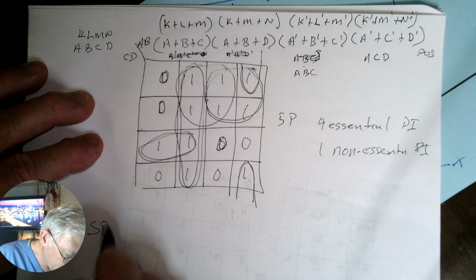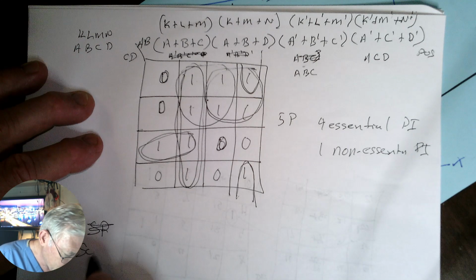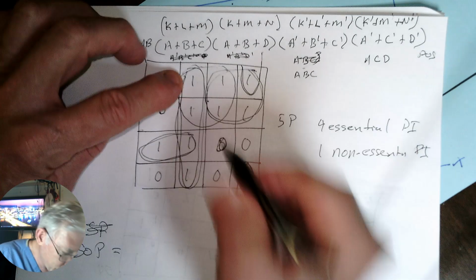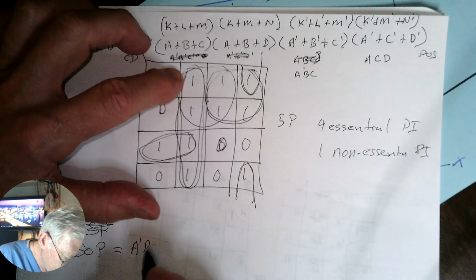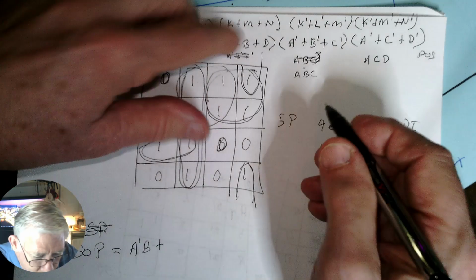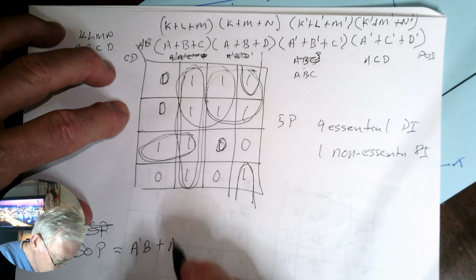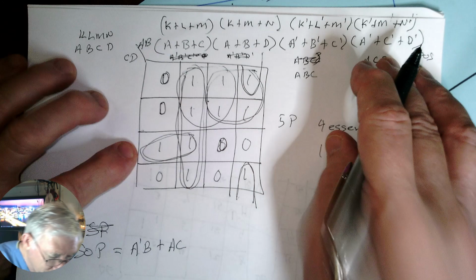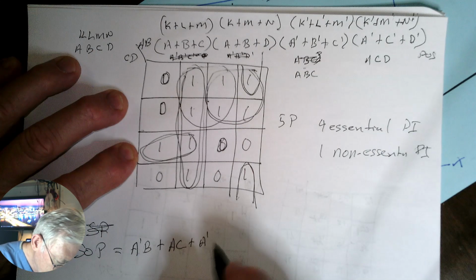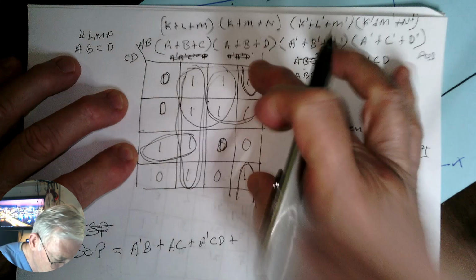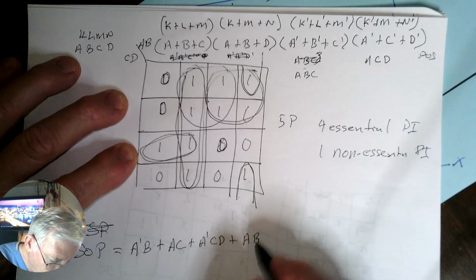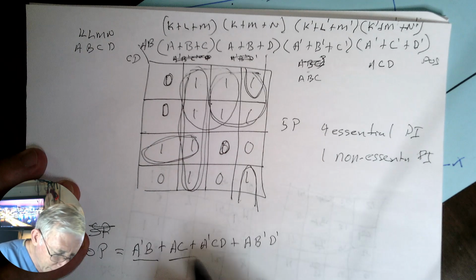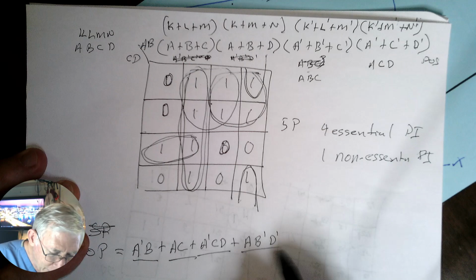The SOP form equals this group of 4, which is A prime B, plus this group of 4, which is A C, and this group of 2, which is A prime C D, and this group of 2, which is A B prime D prime. So AB, AC, A prime C D, A B prime D prime.